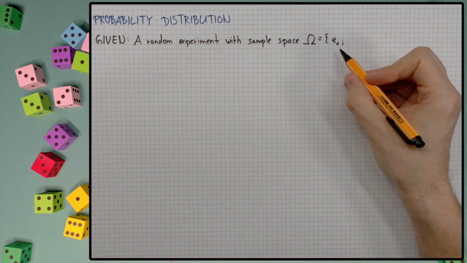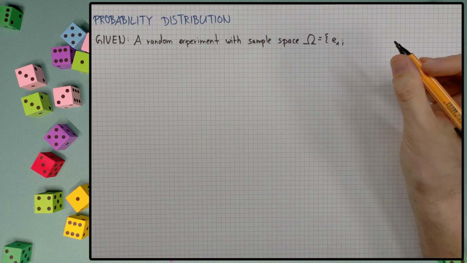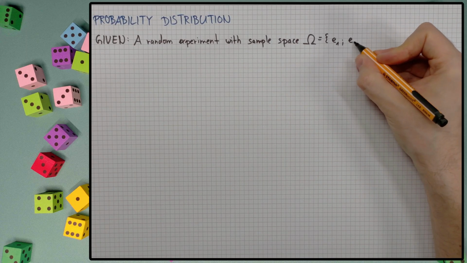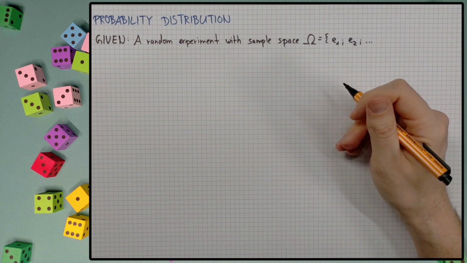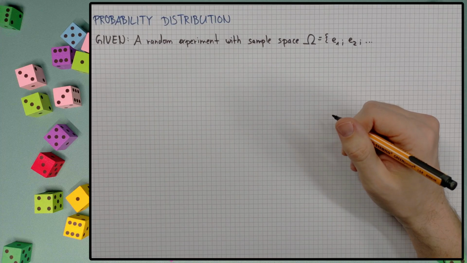You can think of that number just like a house number, for example. So we've got event number 1, we've got event number 2, and just exactly how many events there are, we're going to leave that open.